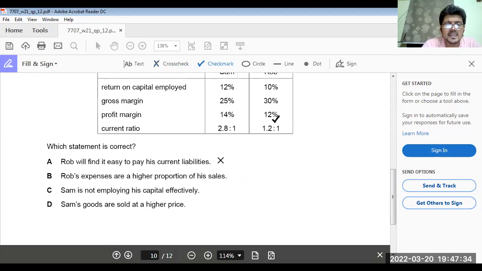Okay. So Rob's expenses are 18%. So B should be the answer. This C cannot be the answer because Sam is doing well, 12% return on capital employed. Sam sold goods at higher price? I don't think so because gross profit margin is lower.